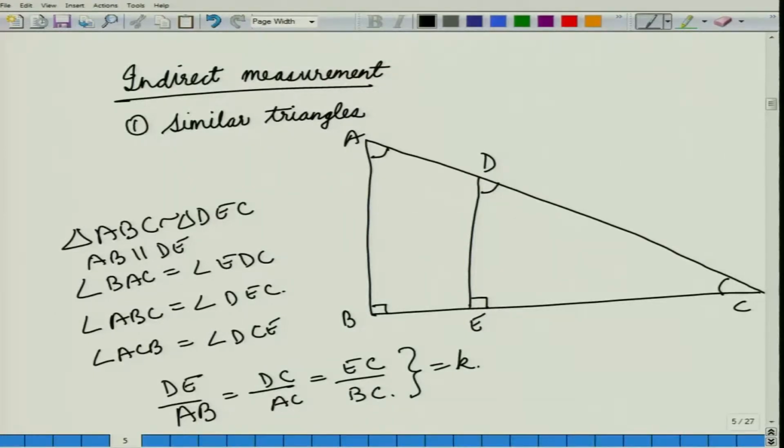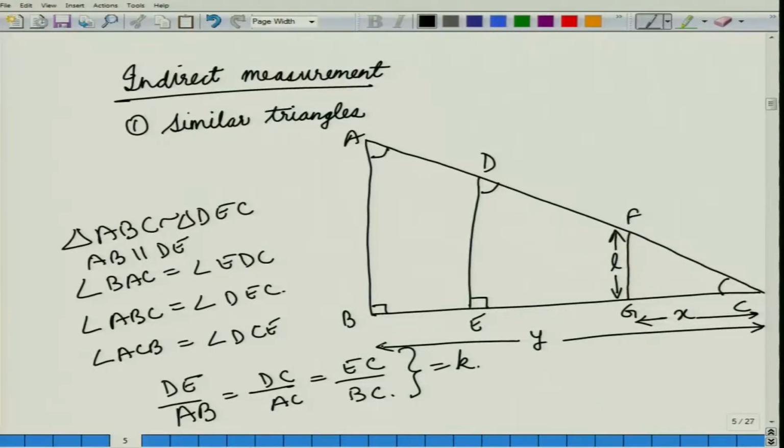So, in that case, suppose we drew a line and then we drew another triangle here, say FG, and if we were able to measure this length L and if we were able to measure this distance x and this distance y, then we would have AB, because again triangle ABC is similar to triangle FGC.